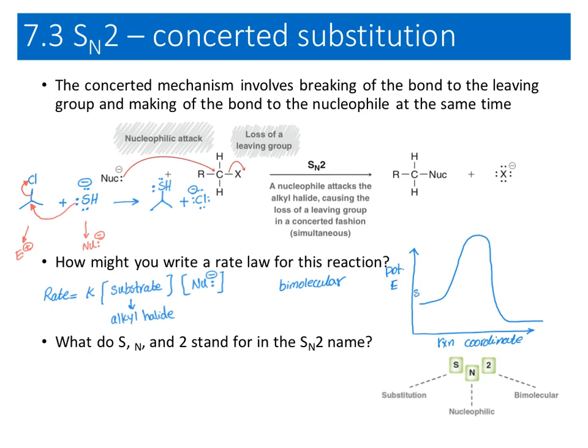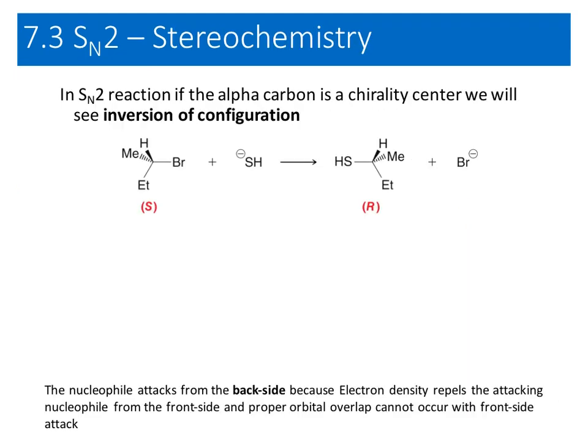So we have substrate and nucleophile as our starting materials. We have product and leaving group right there, and right here we have our transition state. This is the sign for transition state. So it's a one-step process.